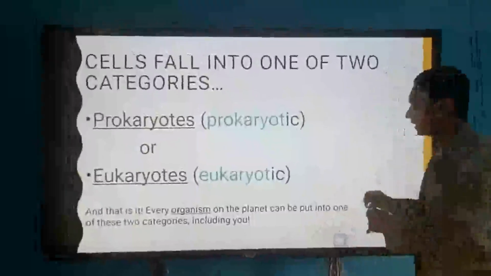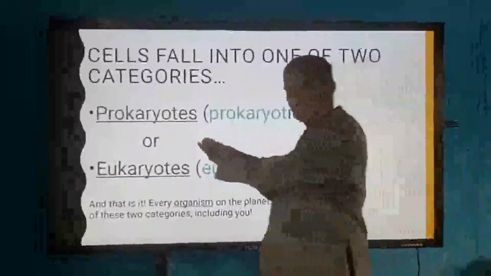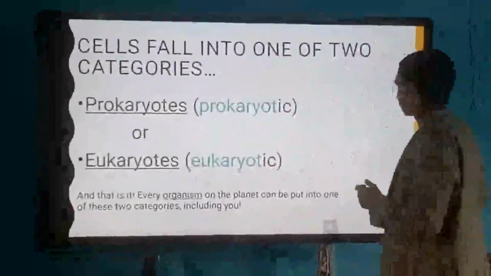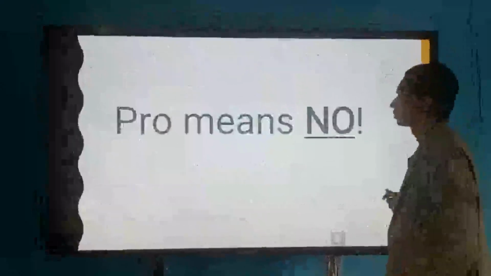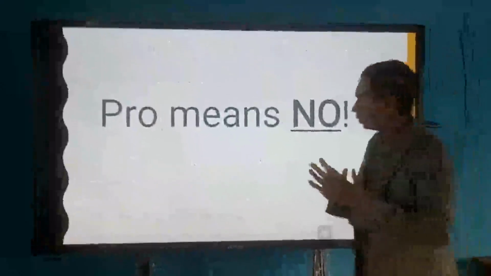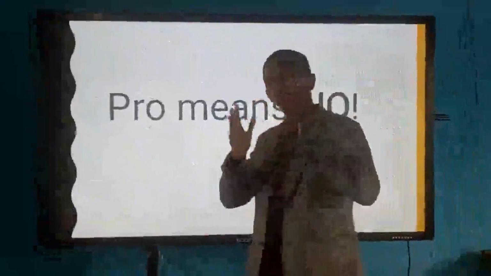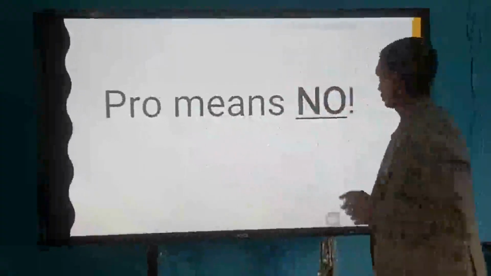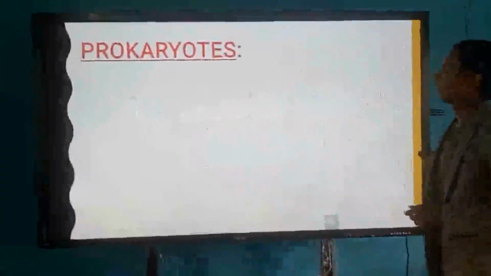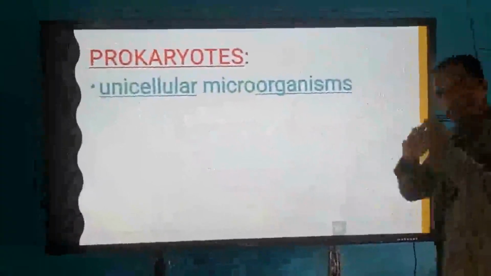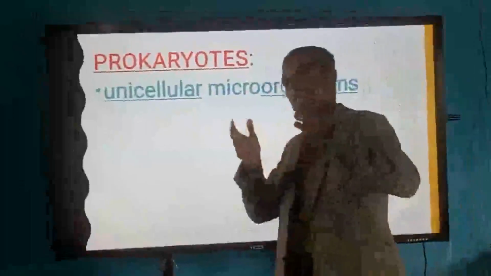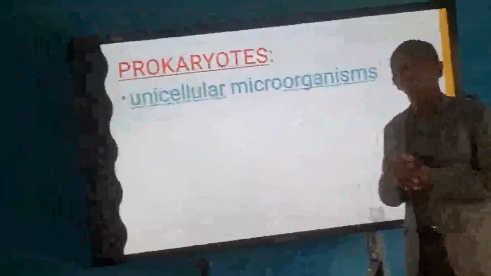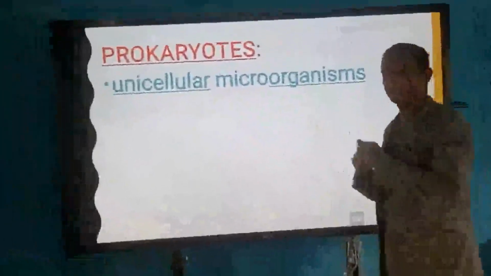Let's move on and discuss these things descriptively in this lesson. According to the definition of prokaryotic, the prefix pro means no. Now we will discuss deeply what a prokaryotic organism is. Who are the prokaryotes?